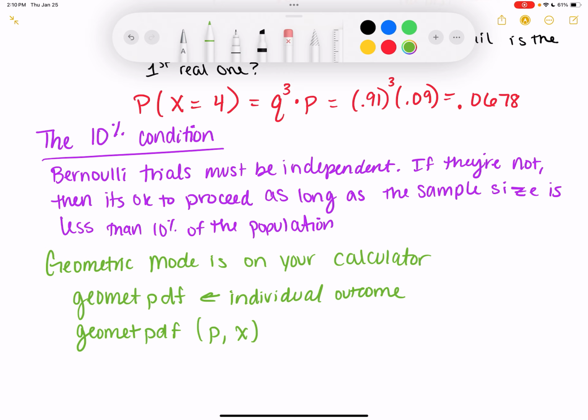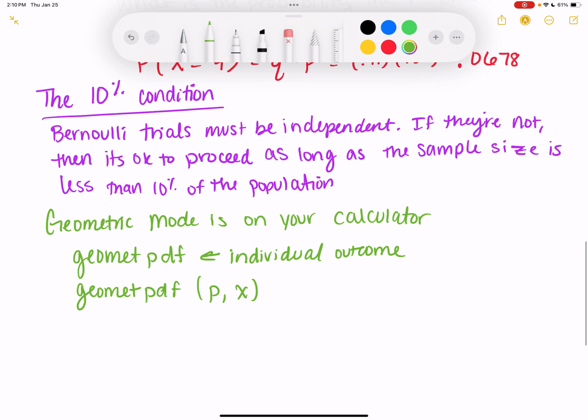If you go to distribution on your calculator, so second vars, which is distribution, and you arrow up, you'll have geometric PDF, and you'll also see geometric CDF.